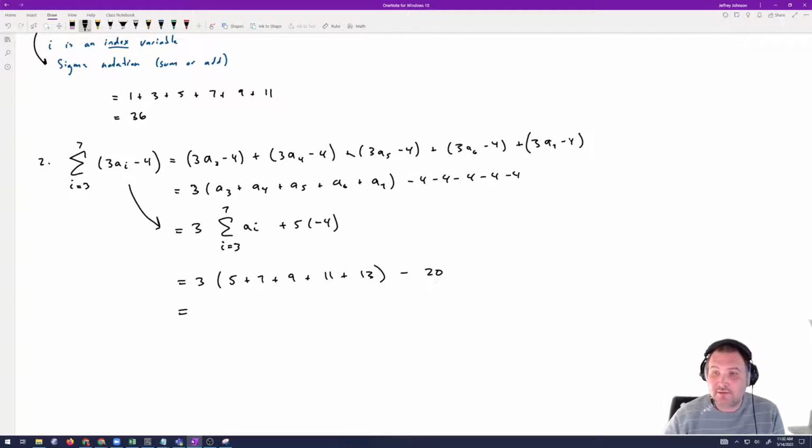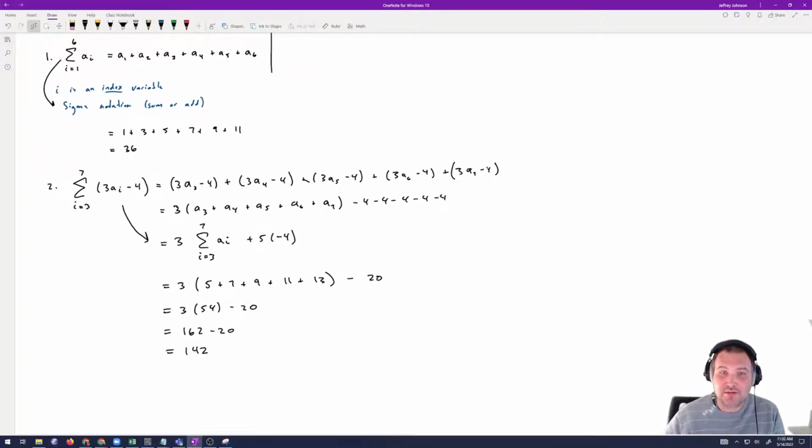And it looks like we have 18 plus 18 plus 18, which gives us 3 times 18, which is 54. Then 54 minus 20 gives us 34. Okay, so that's how we can do a sum like number 2.